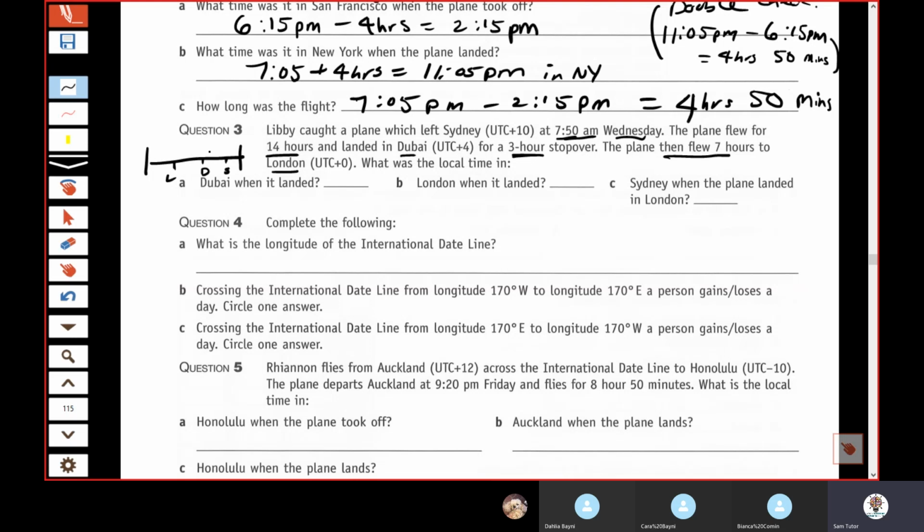So Dubai is 6 hours behind Sydney. So 7:50 a.m. plus your 14 hours for your flight minus 6 hours behind. That's what time it is local time in Dubai.